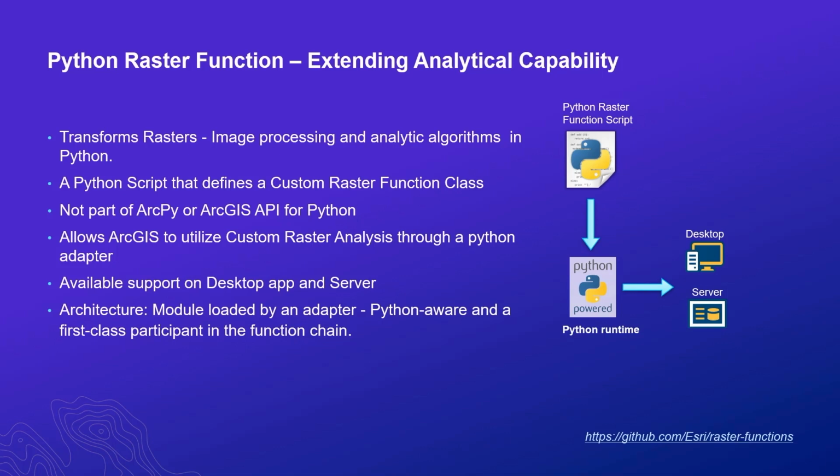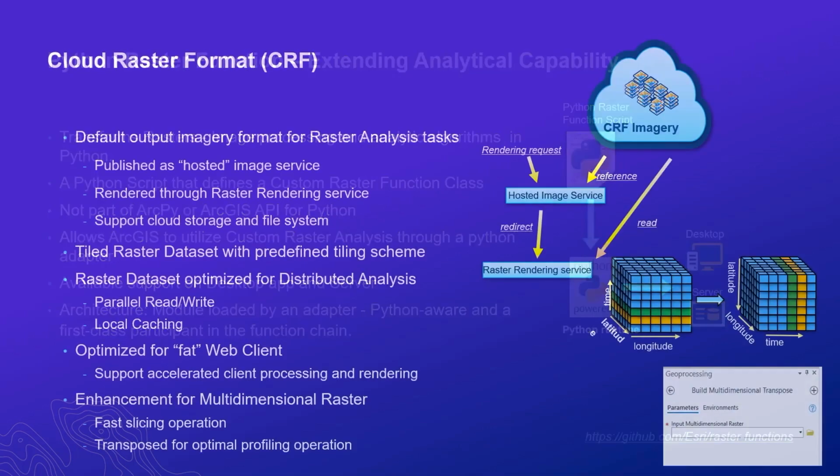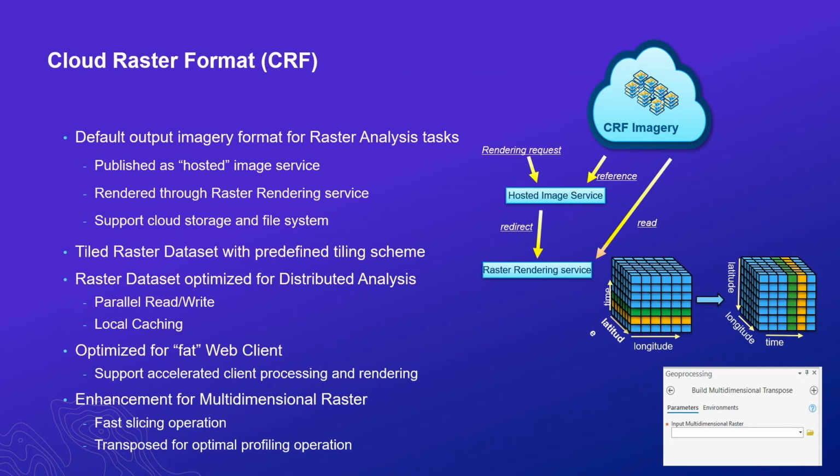If you look at the architecture, what happens is you have your module, and it is loaded by this adapter, and then it presents itself as a raster function, which you can put in a chain. Now you have done all this analysis. Where does it go? You persist it, right?